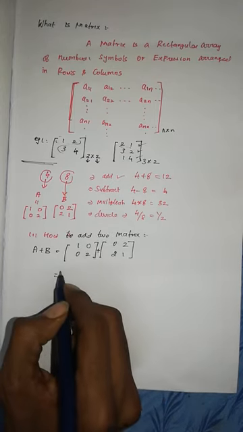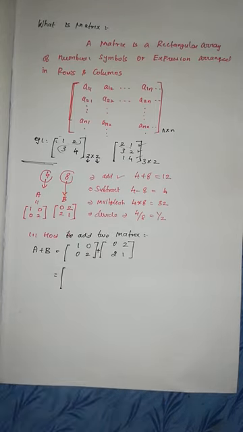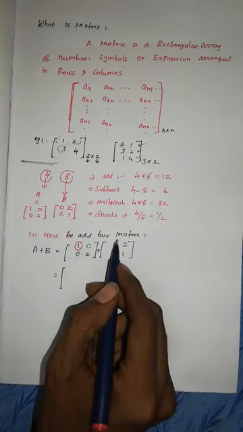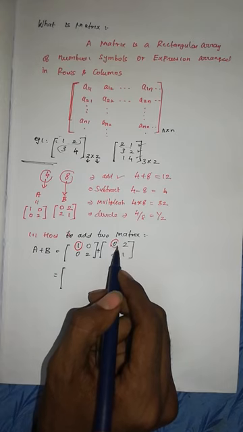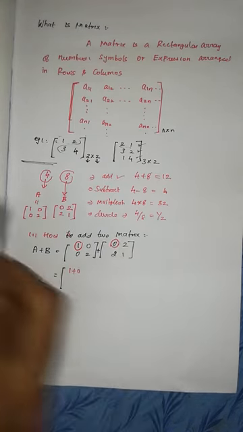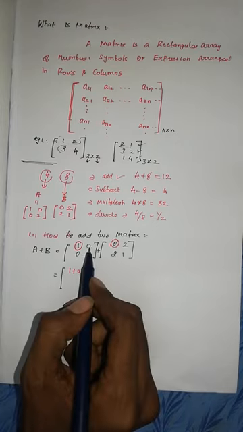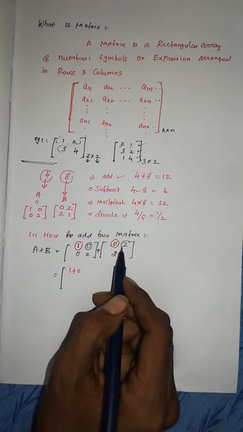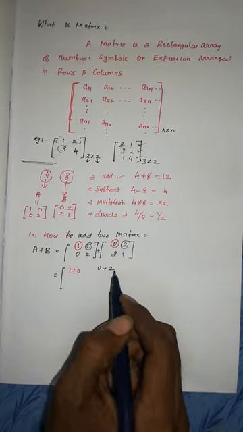How to add two matrices? It's very easy. You add the first element of the first row of A and the first element of the first row of B, which is 1 plus 0. Similarly you add the second element of A to the second element of B, which is 0 plus 2.